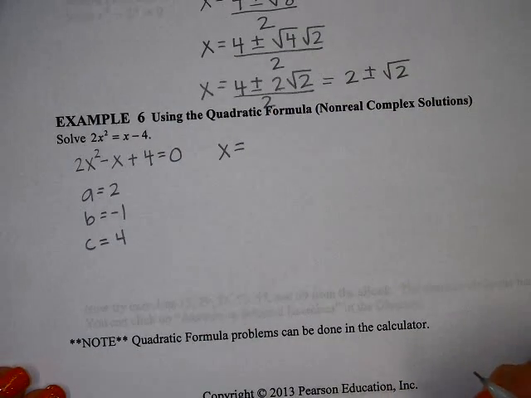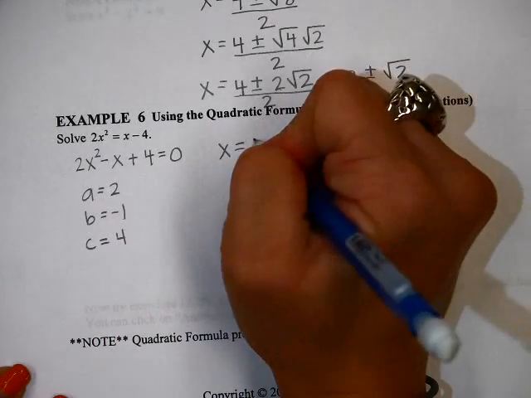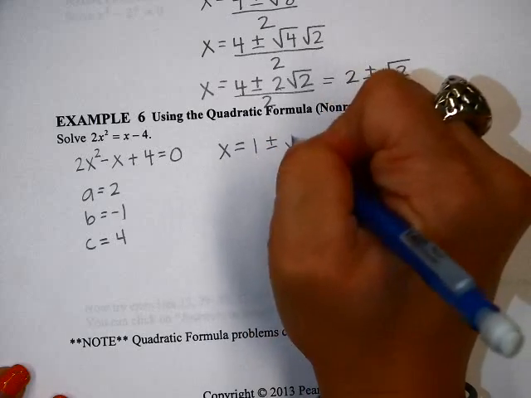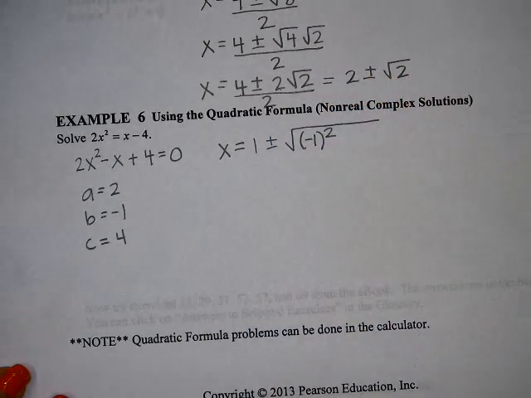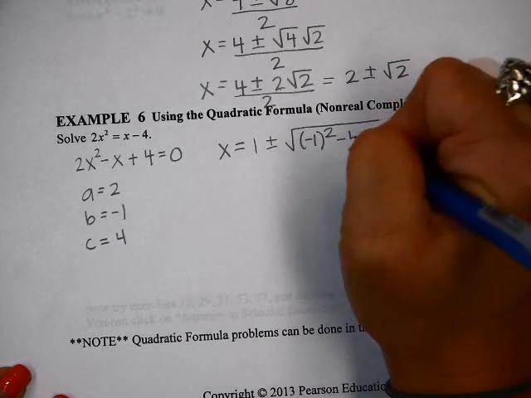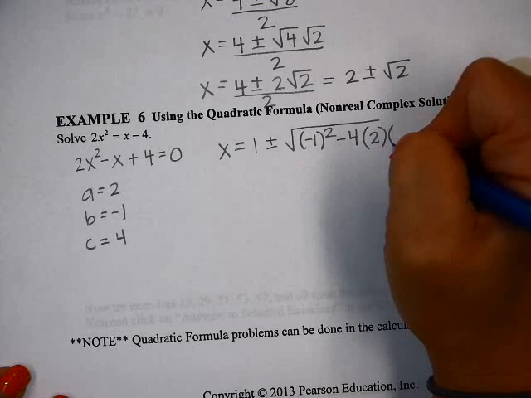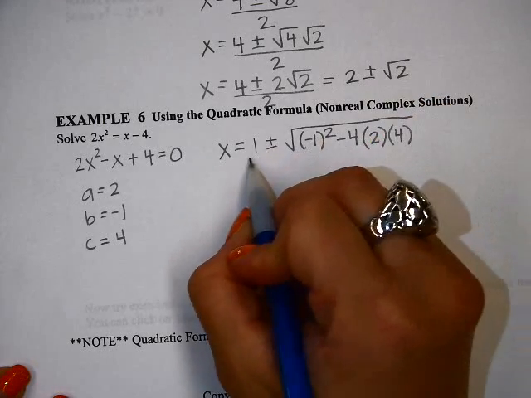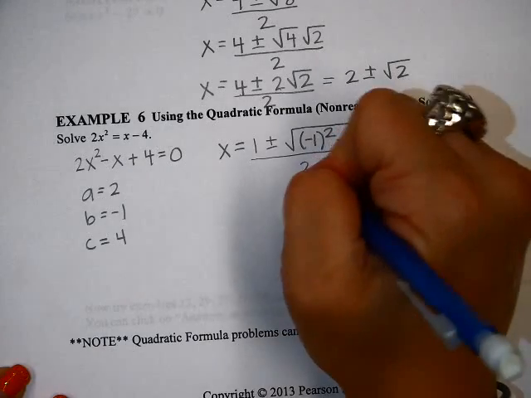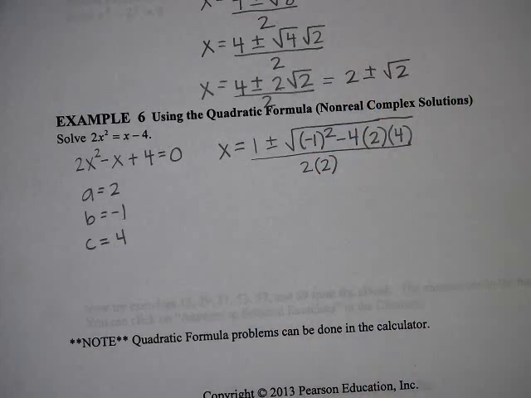So we have x equals, notice that your formula is -b, so if I'm plugging in -1, that's going to be a +1, plus or minus the square root of b squared, so -1 squared, minus 4 times a, which is 2, times c, which is 4, all divided by 2a, and a is 2.